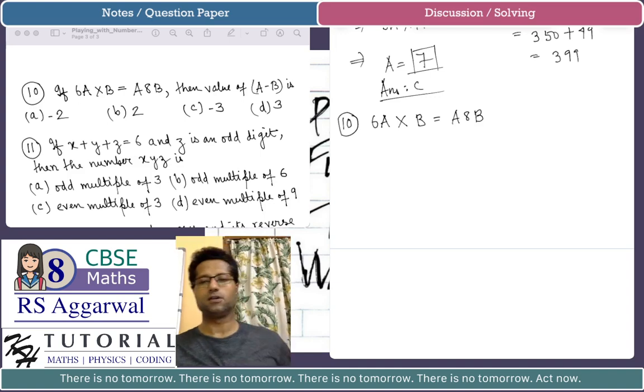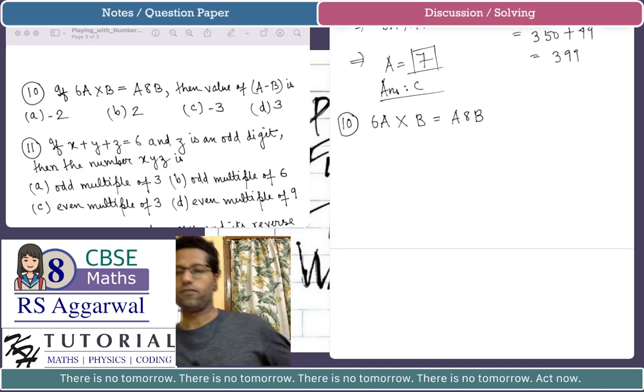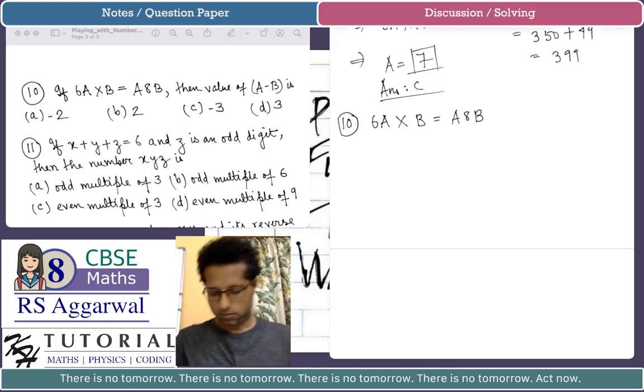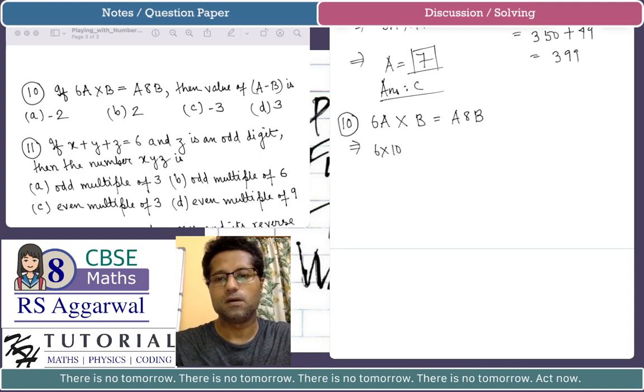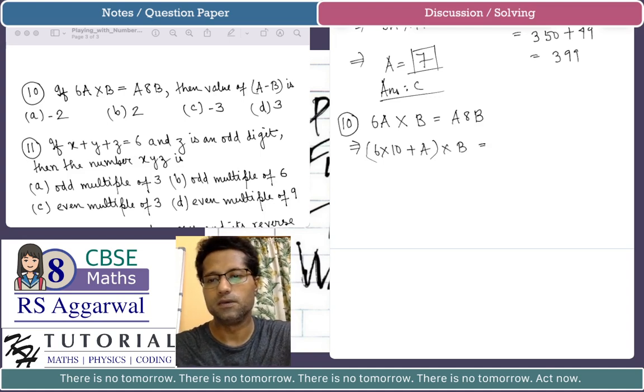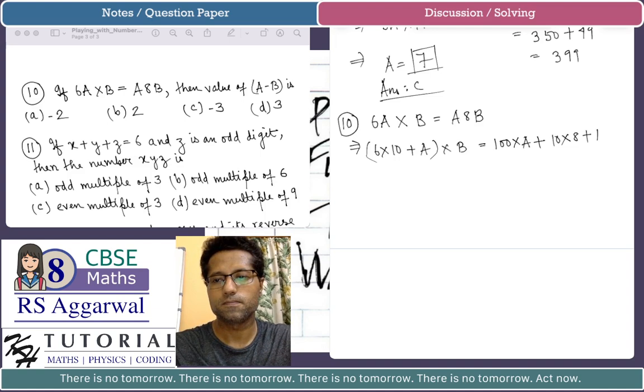Okay, we apply the general form of the numbers to solve this equation. So we have 6a is 6 into 10 plus a, and we have multiplied by b is equal to a8b, a three-digit number. Its general form will be 100 into a plus 10 into 8 plus b.